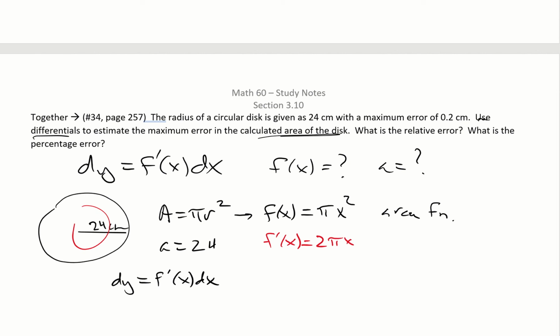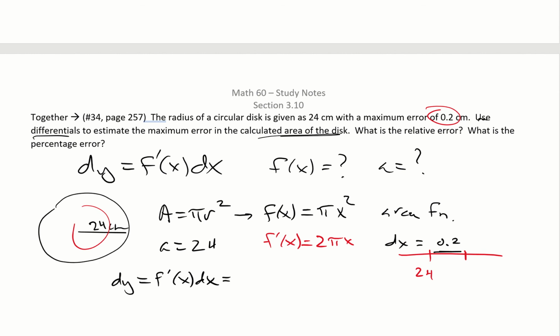We also know, and this finally comes into play, the 0.2. If we're on a number line, we're at 24, and someone says, I measured it pretty well, but it could be a little bit off. By how much? Could be off by as much as 0.2. Well, that 0.2 is your dx, the change in x for this function.